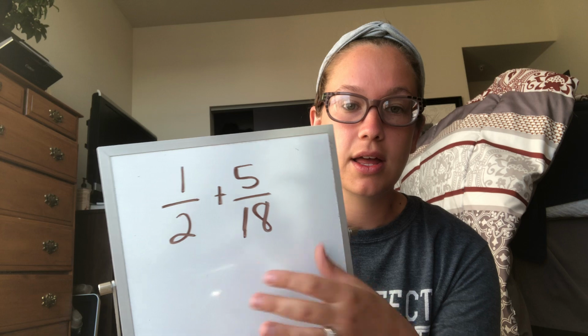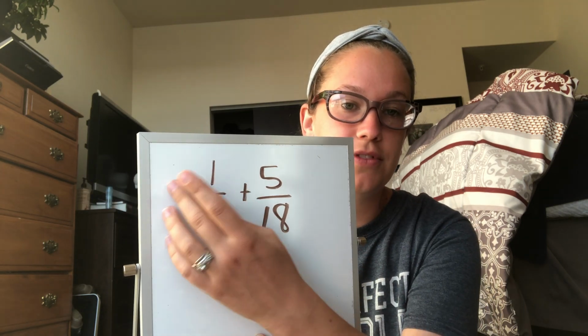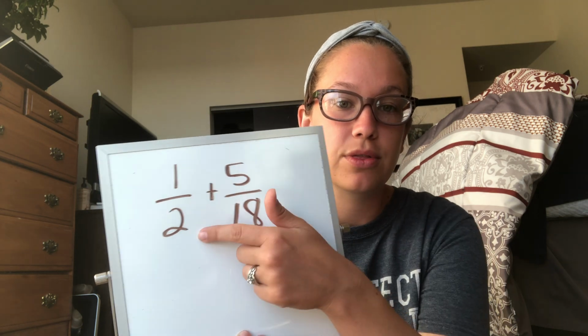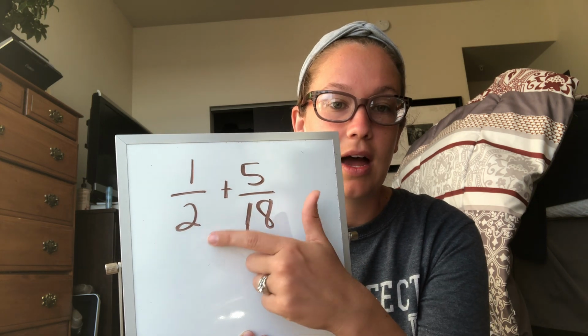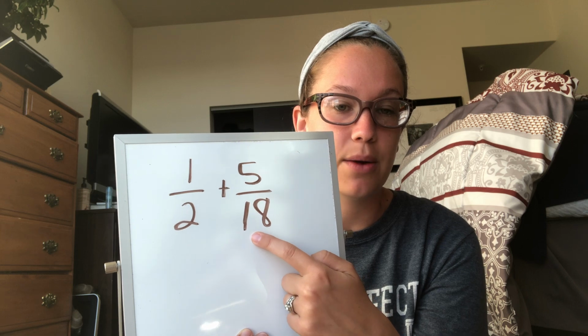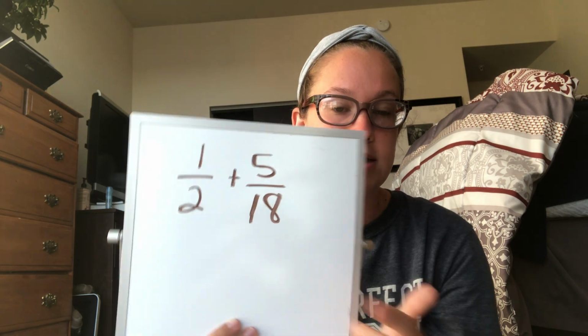So here, I'm going to take the smaller denominator of the two, 1/2, and I'm going to multiply both the denominator and the numerator by the same number. I have to ask myself, what do I multiply 2 by to get 18? Because that's what I want to multiply all of it by. Well, 2 times 9 equals 18. So here's my new fraction.